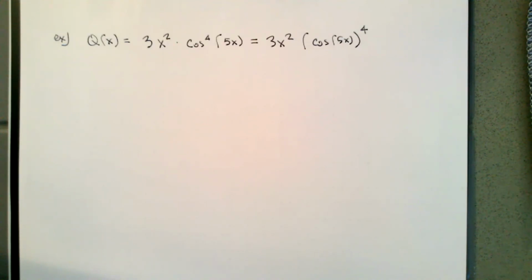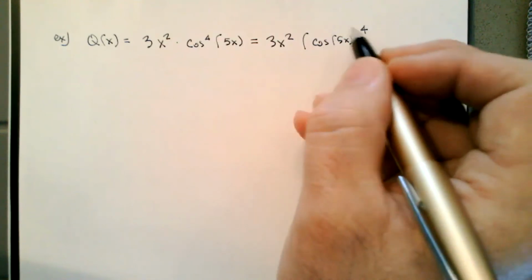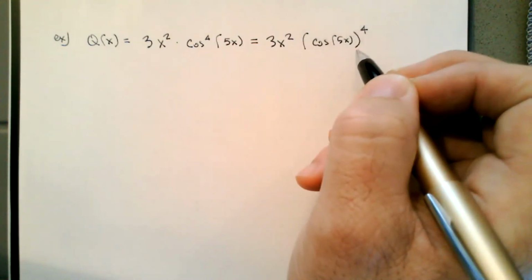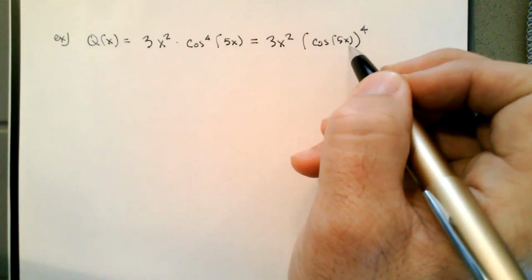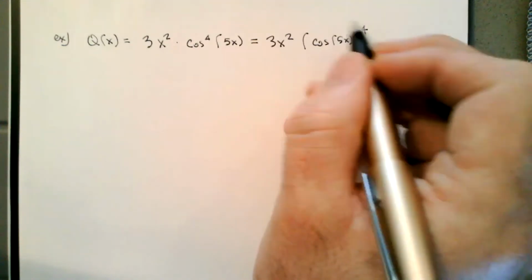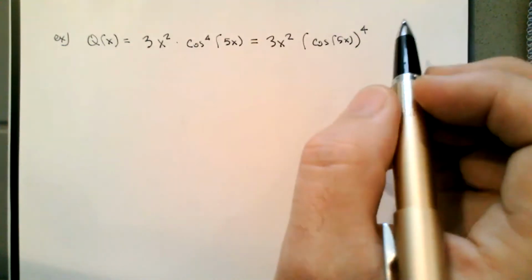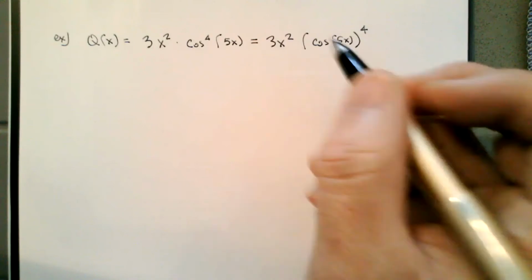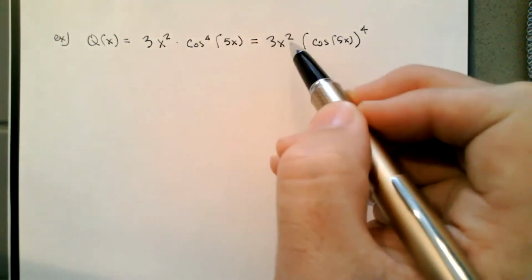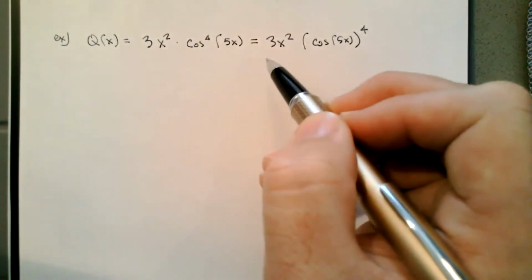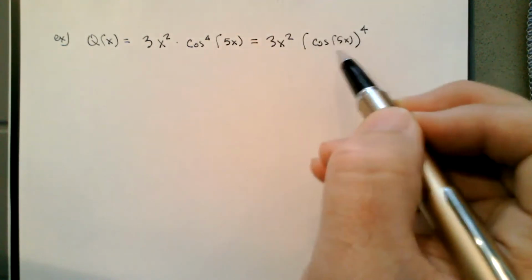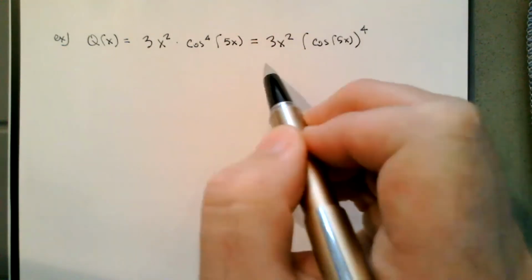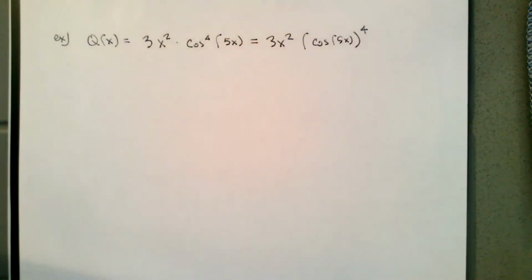Anyway, in this problem, we're going to have to use the chain rule on this fourth power of the cosine of the product of 5 and x. But first, think of it in terms of what you're evaluating. I would first plug x into 3x squared, and keep that result off to the side while I work on x times 5, then find the cosine, raise the result to the fourth power, then multiply those two results together.